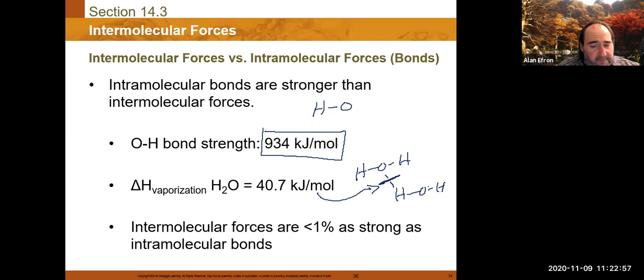That is obviously much, much weaker. Because it's weaker, this bond breaks first rather than that bond, which takes a lot more energy to break apart. So intramolecular forces, which are essentially your covalent bonding and also your ionic bonding, are always going to be stronger.